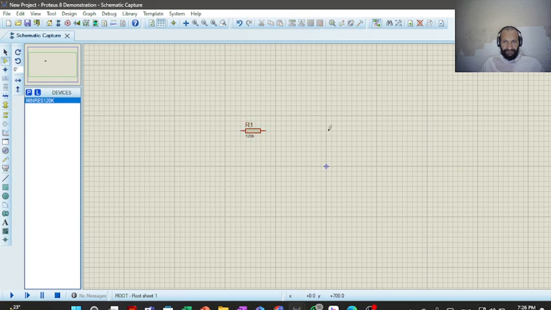The other one, and this is the other one. Okay, we have the three resistors, so we will connect all these resistors in series. Okay, so the resistors are connected in series.